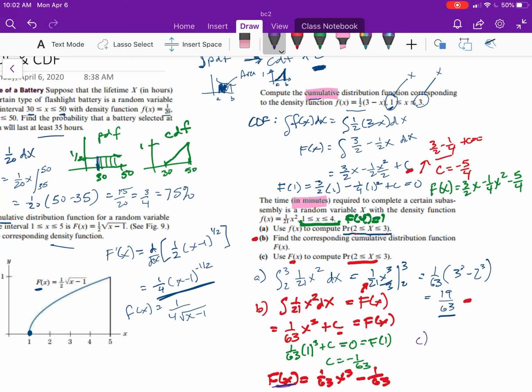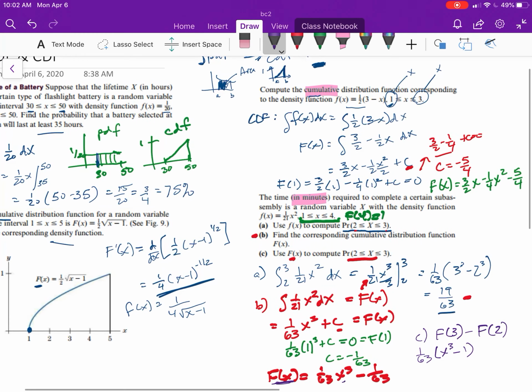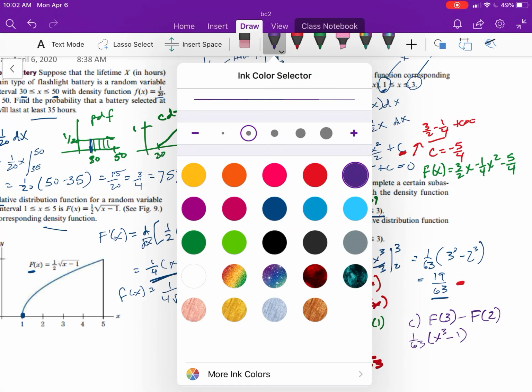to compute the same probability. Well, that means we need F of 3 minus F of 2. So F of 3 would yield 1/63, and we could actually rewrite this. Let's go ahead and do that first. I'm going to factor out the 1/63. It's an ugly fraction. So we get 1/63 x cubed minus 1. All right. So now let's substitute 3 and 2.